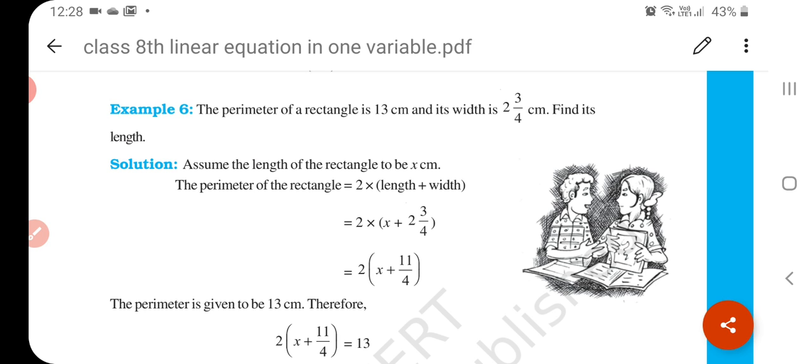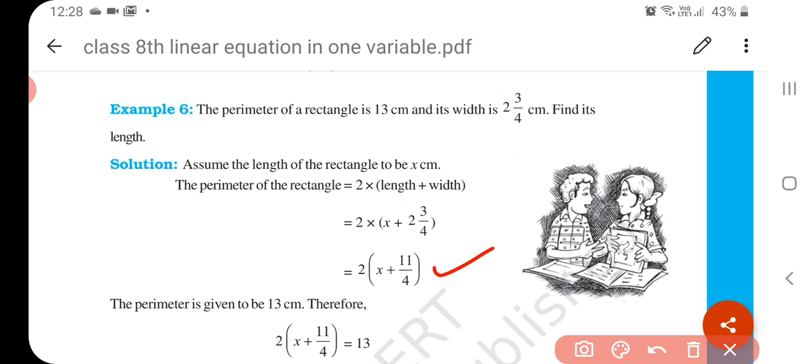Okay, and here the width is given, and the perimeter is given. So suppose we don't know the length, so we take the length as x. Okay, so our equation becomes 2 into x plus, this is a mixed fraction, so first convert it into an improper fraction. If we convert it, what is our answer? 4 2s are 8, 8 plus 3 is 11, 11 by 4.